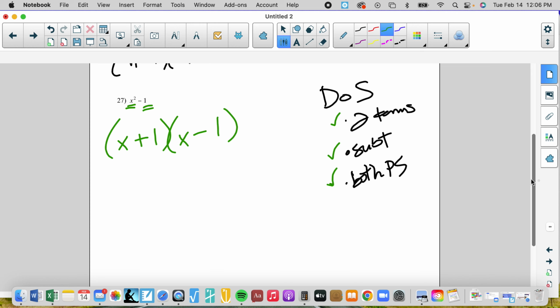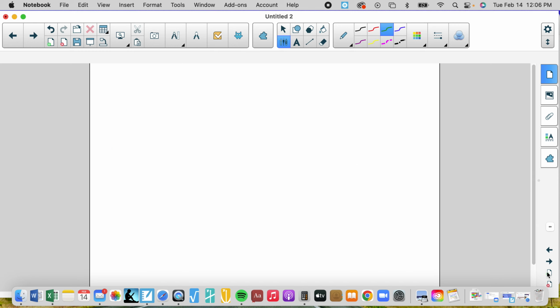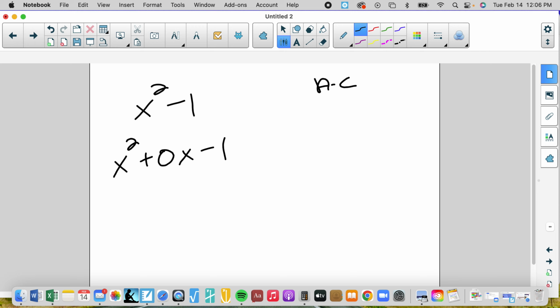Now, let's say you didn't remember difference of squares. Let's say that you're still going to use a times c. Well, remember that this doesn't have a middle term. It's missing its x value. It's missing it because the coefficient of x is going to be 0. So we can still do a times c. A is 1, c is -1.